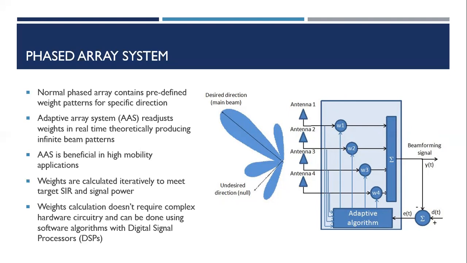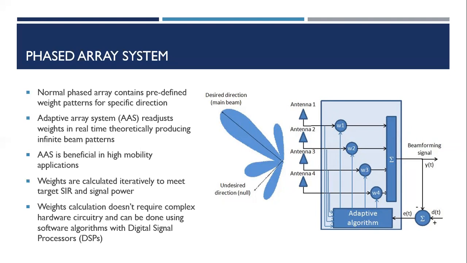So it will be a set of complex weights that are pre-calculated and would not be calculated during the runtime. And these only provide limited directions for the beam to be generated in. And say if the user or the receiver is not present in any of those given directions, then this normal phased array system will be invalid and would not be able to serve that user.